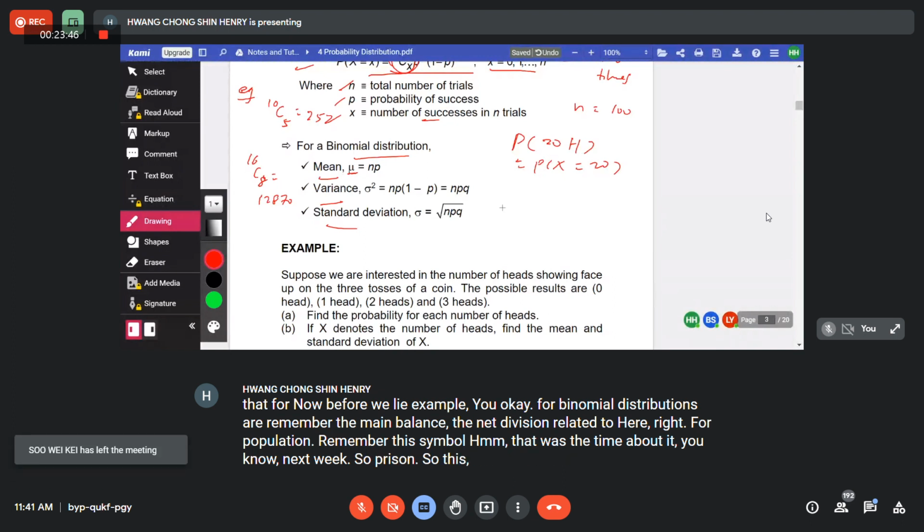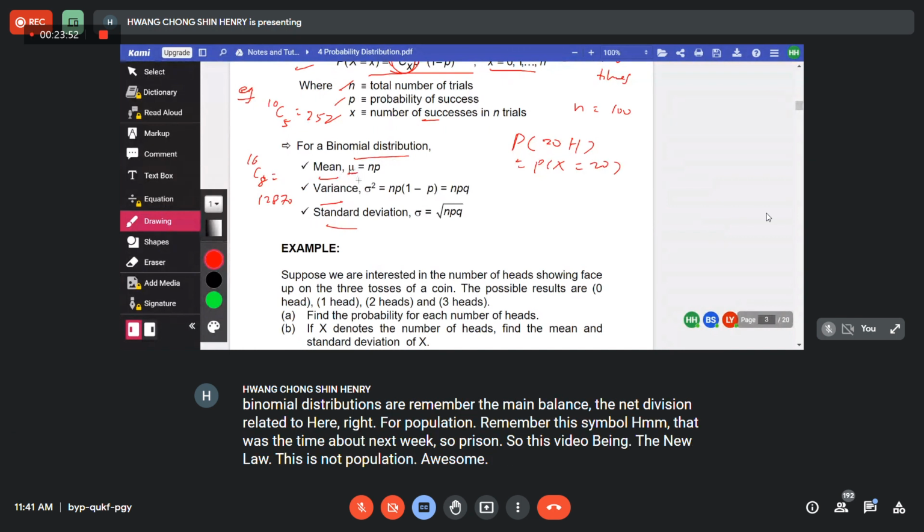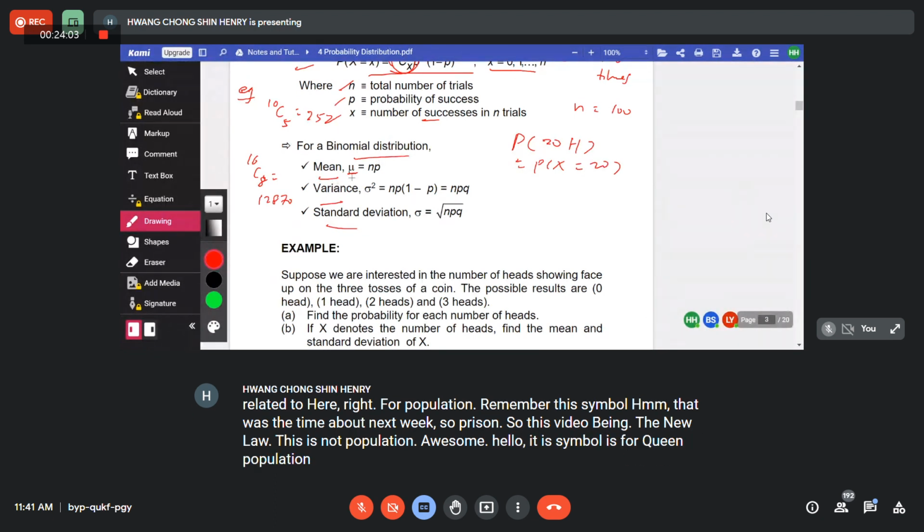So for binomial, the mean, this is what? Population or sample? Hello? This symbol is for mean population or sample population? Next week is your quiz really.